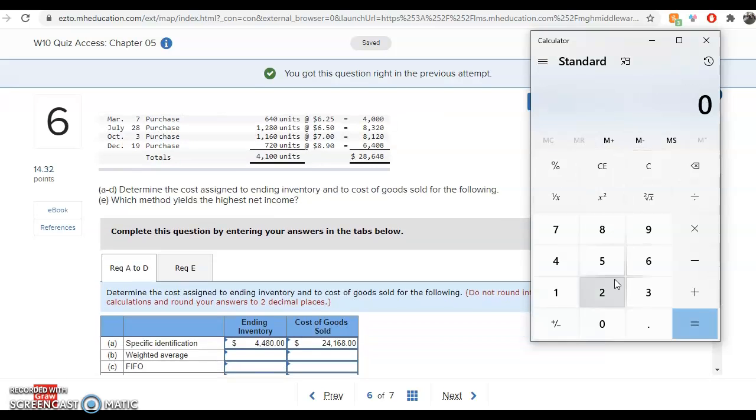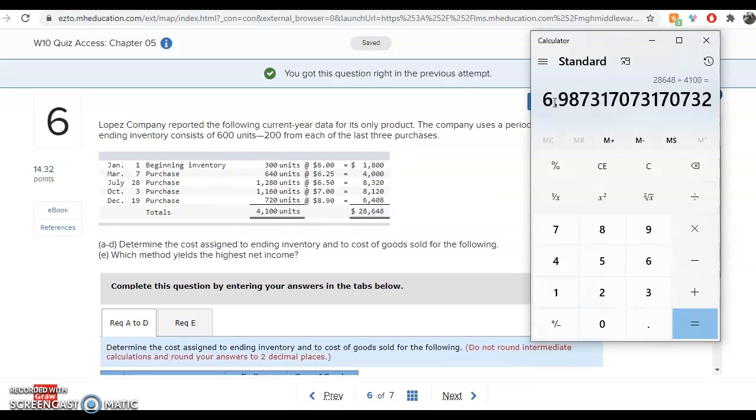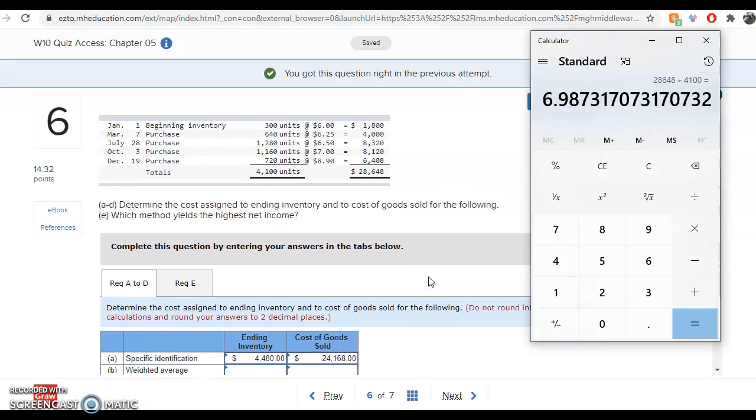So we take 28,648 and divide it by our units, which is 4,100. Each of these units costs $6.98, or 99 cents when rounding up to the second decimal place.